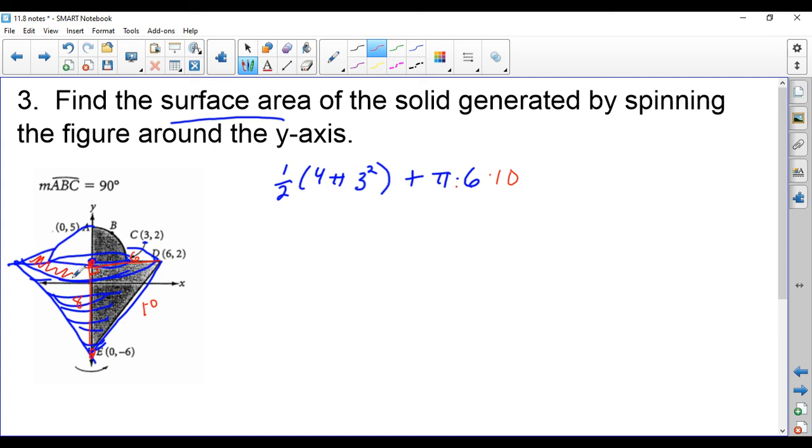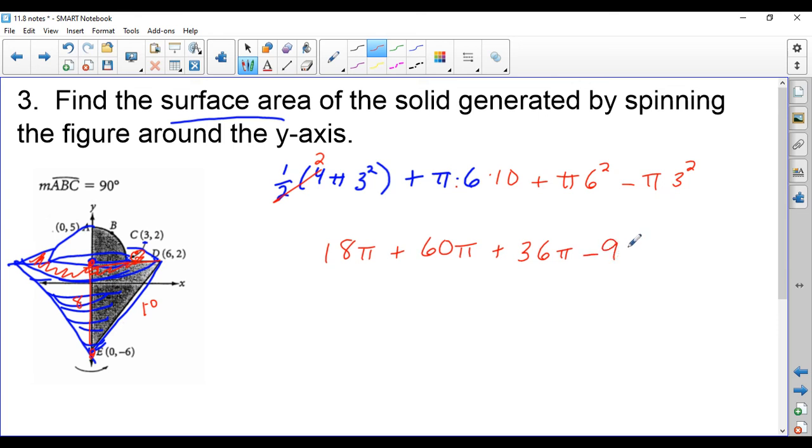And then I have this ring between where the cone and the hemisphere are. So that is a big circle with a radius of 6 minus the circle on the inside with a radius of 3. So here I can simplify a little bit. Half of 4 is 2 pi times 3 squared. 2 times 9 is 18 pi. 6 times 10 is 60 pi. 6 squared is 36 pi.